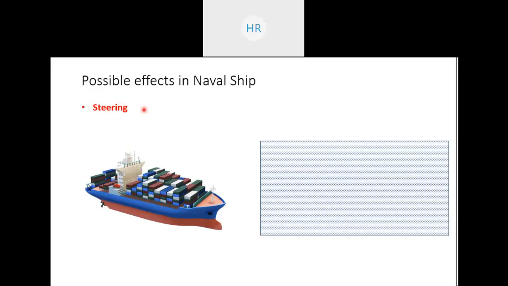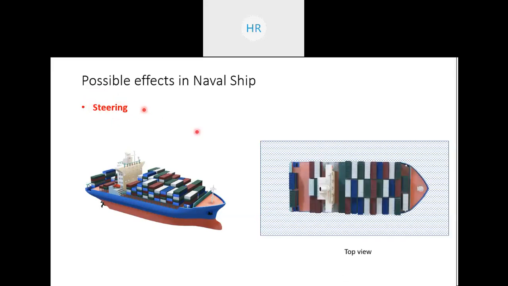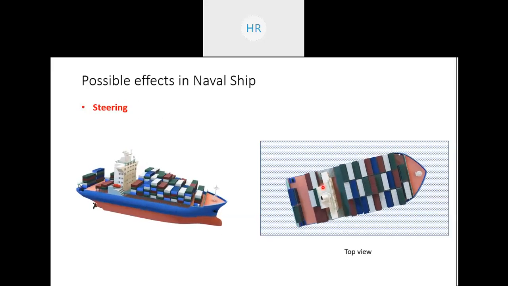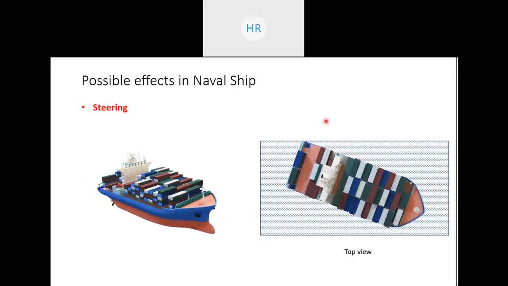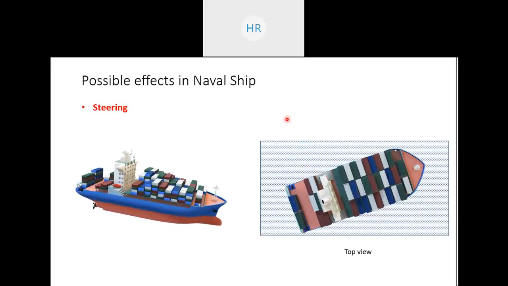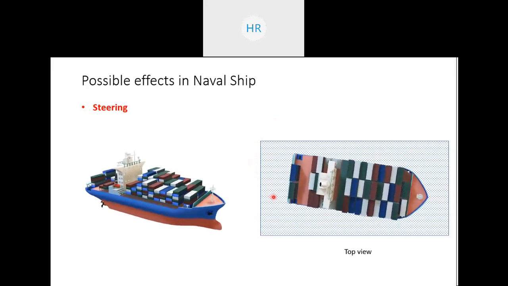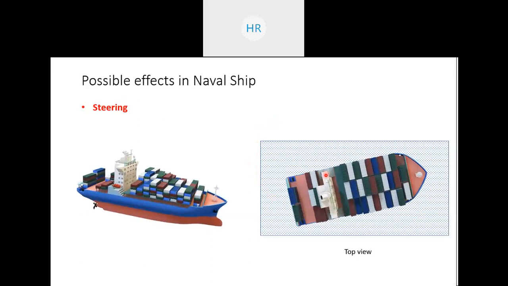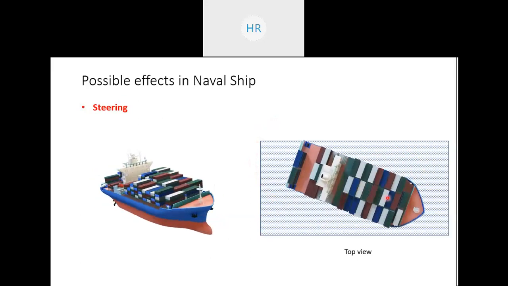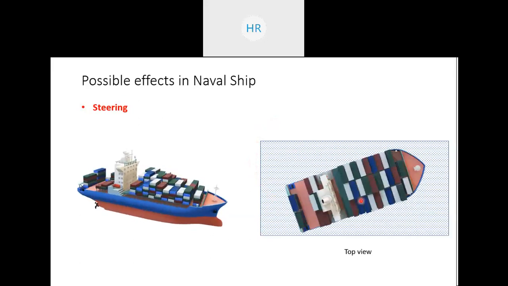First, see the effect. Okay, I am showing this in top view because steering effect will be visible from top view. So answer me what is happening. You see the animation.